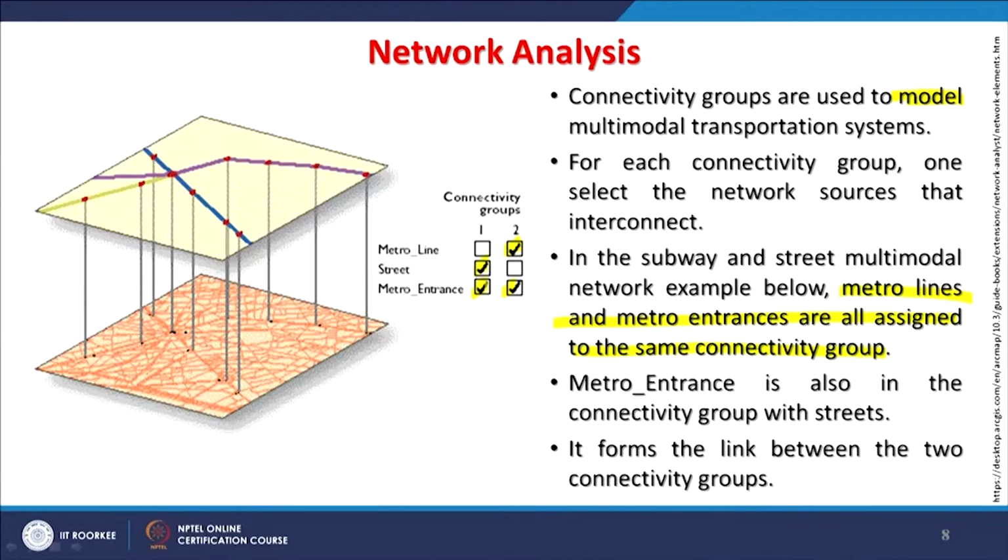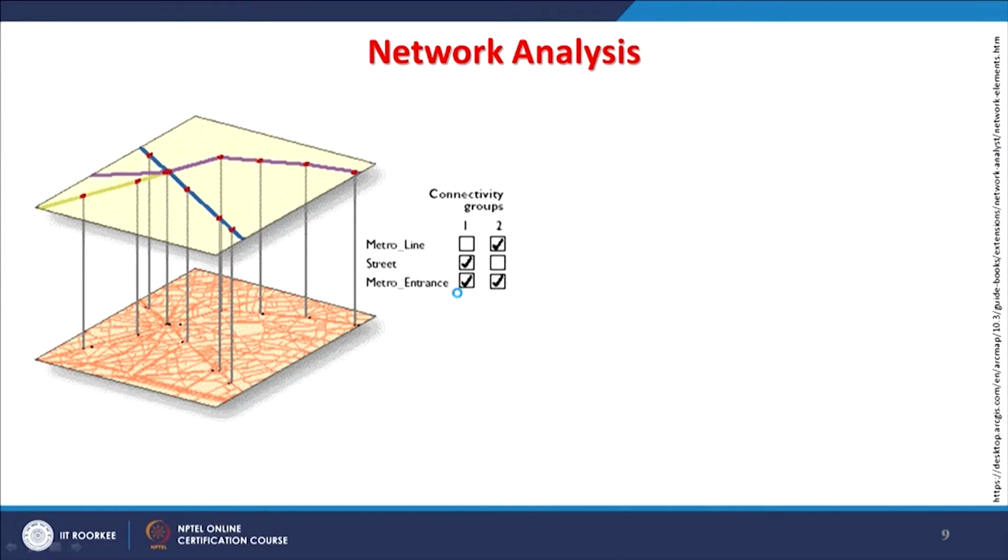This is the main point of discussion here. And once that is there, it will form the link between the 2 connectivity groups. So, these 2 features, street and metro line, and your metro entrance will link to each other, and then one can properly analyze the network.